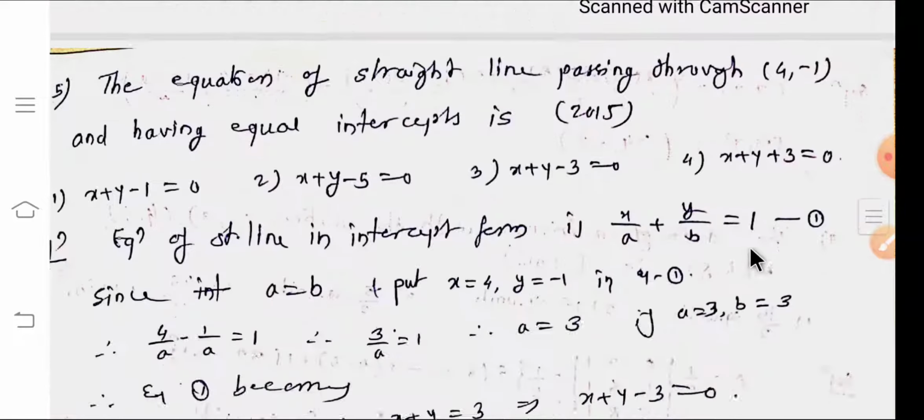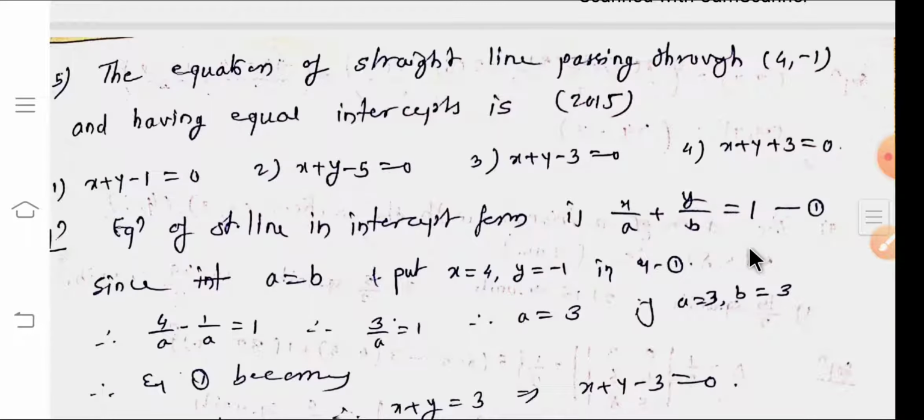Similarly, the next example, the equation of a straight line passing through 4 comma minus 1 and having equal intercepts is x plus y minus 1 equal to 0, x plus y minus 5 equal to 0, x plus y minus 3 equal to 0 and x plus y plus 3 equal to 0.